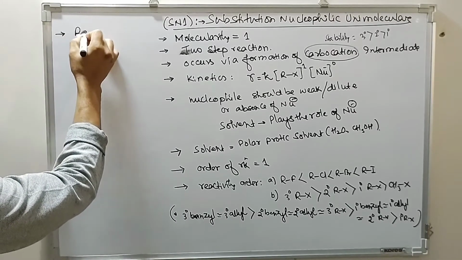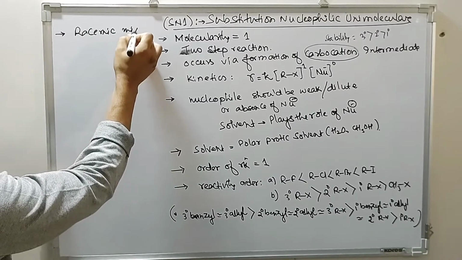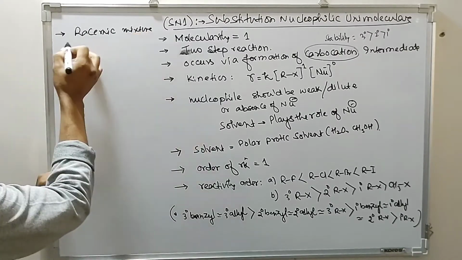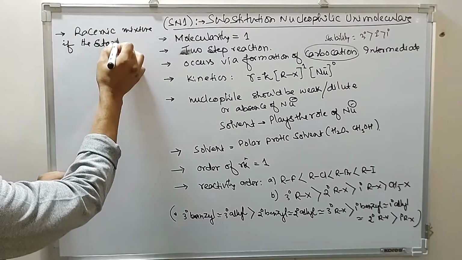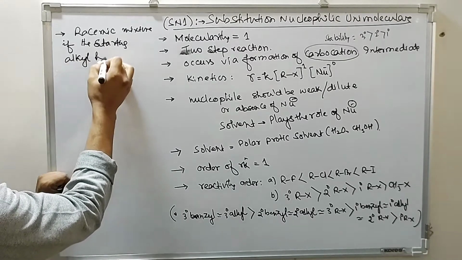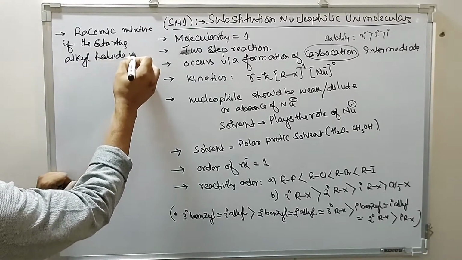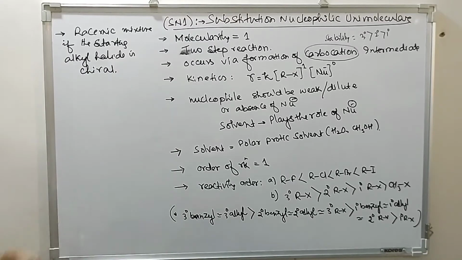This forms a racemic mixture if the starting alkyl halide is chiral. We'll explain this while describing the mechanism of this reaction.